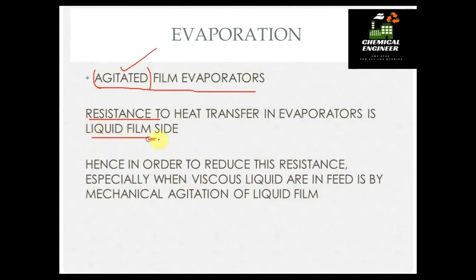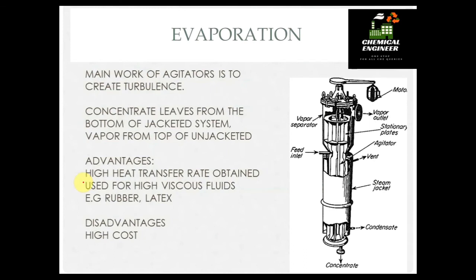So whenever you are asked what the resistance in evaporation is, you have to answer that it is the liquid film side. In order to reduce this resistance, we use agitation, nothing more. Also, if the viscosity of the liquid is very high, agitation is helpful for increasing heat transfer.